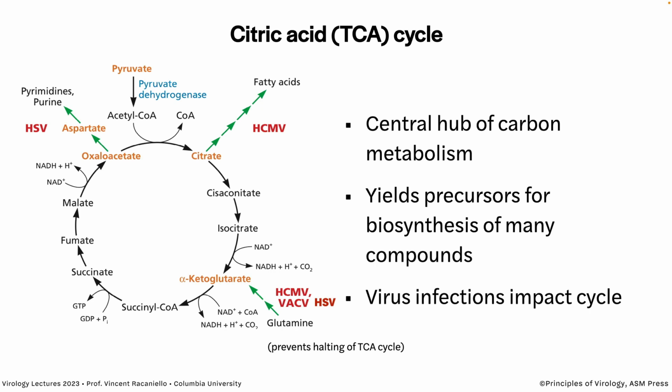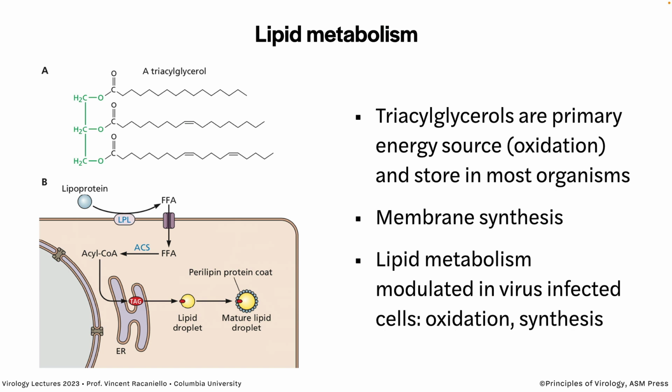It pulls out the oxaloacetate to aspartate to make pyrimidines and purines for its nucleic acids, and it increases the uptake of glutamine to compensate. Otherwise, the cycle would halt if the virus simply pulled off these intermediates without replenishing them. Okay, so that's a very quick example of how the TCA cycle can be altered by virus infection.